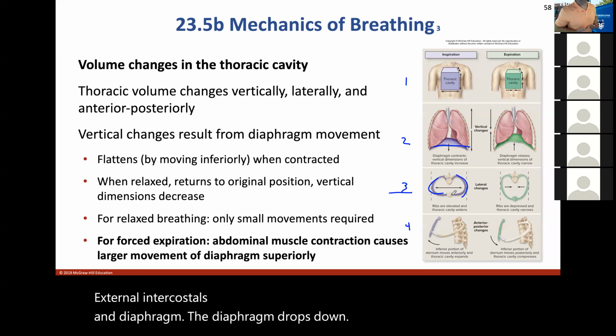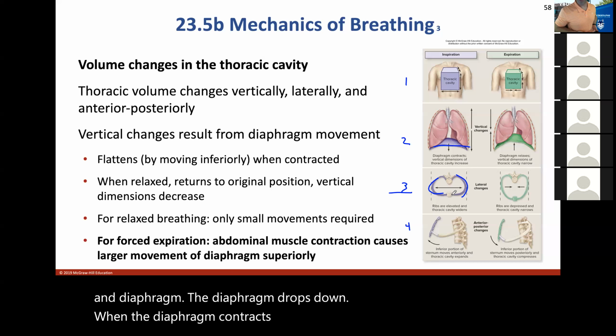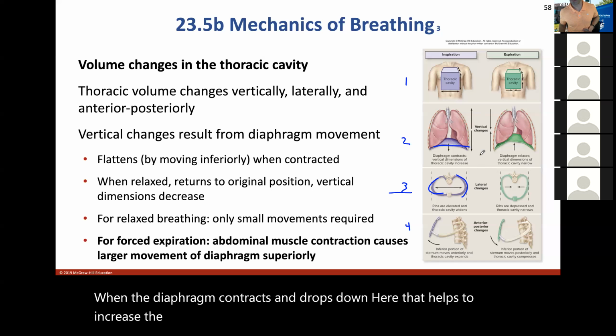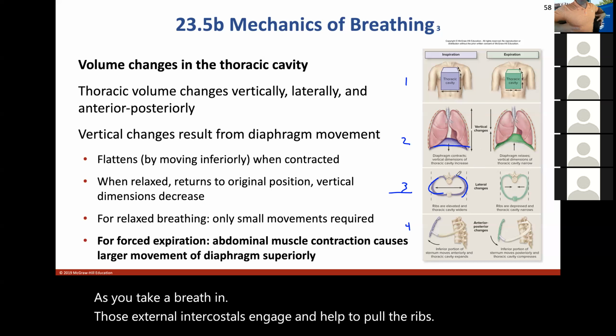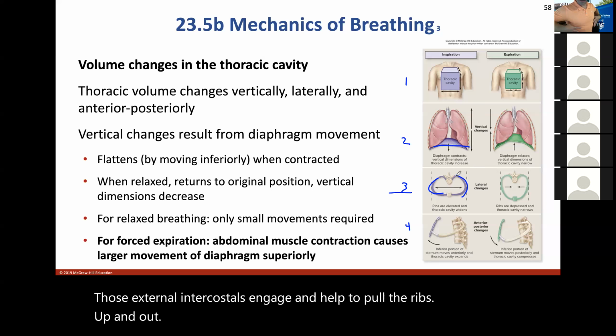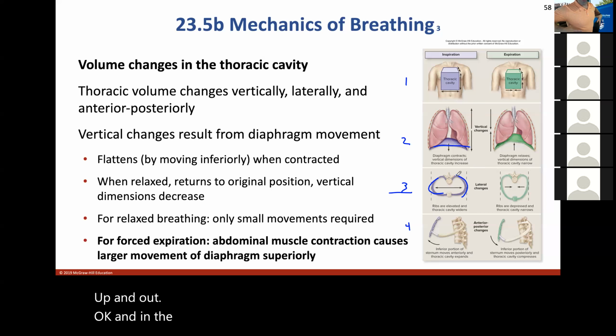When the diaphragm contracts and drops down here, that helps to increase the volume this way. As you take a breath in, those external intercostals engage and help to pull the ribs up and out. And in the lateral, the out part would be part of what they do.